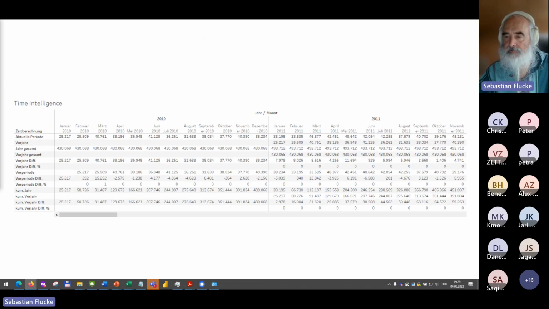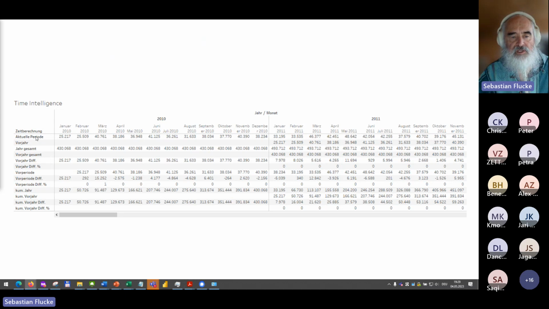Here we have some samples. We have the timeline over the different columns. And what we have here are a bunch of time intelligence calculations. Please apologize, that is a screenshot with German naming.